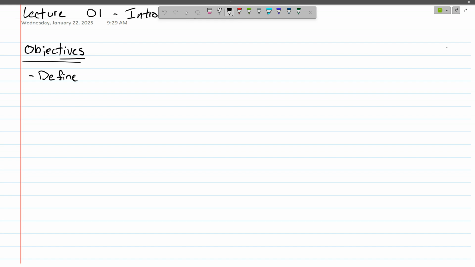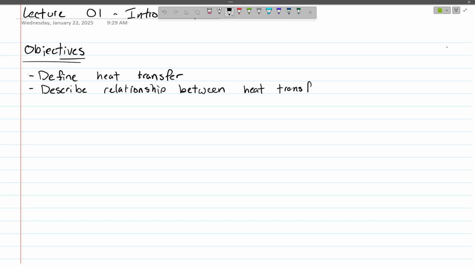In the time we have left, we want to actually get around to defining what heat transfer is and what it isn't. And we want to be able to describe the relationship between heat transfer and some of the more familiar thermodynamic concepts or quantities.